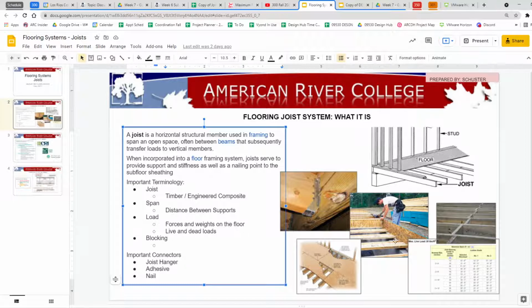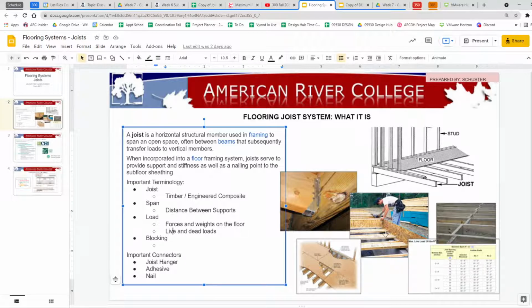But the ends of these joists are just going to sit right on that piece of wood. And then they're going to get nailed into place. And this one's got what's called a rim joist. And that's going to go along the outside. That helps stabilize things and make it strong too. So those don't just fall over.